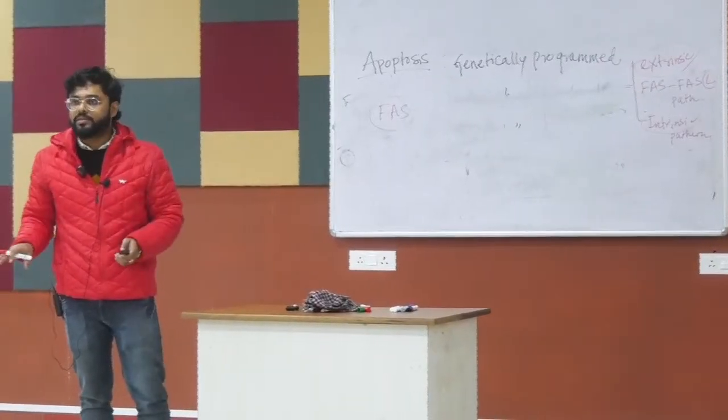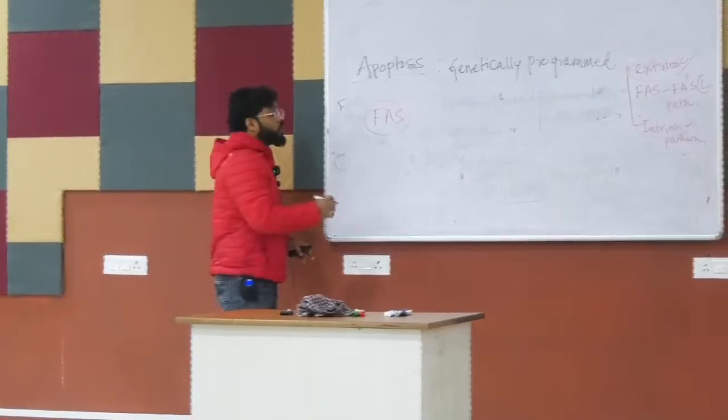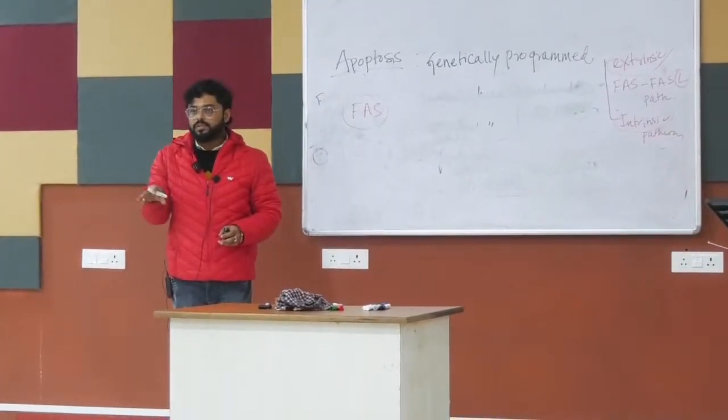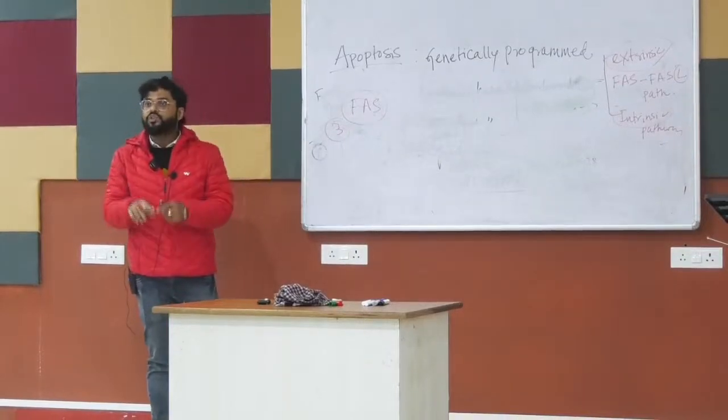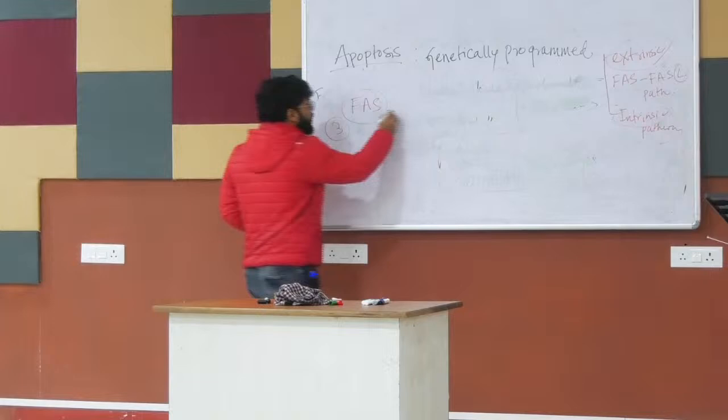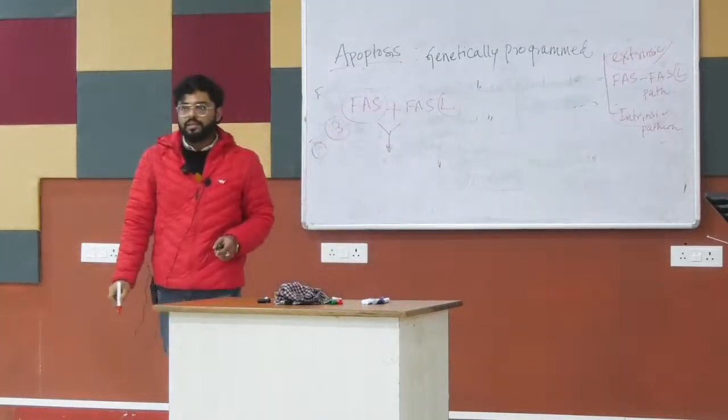These are basically monomers. They cross-link with each other. Three Fas proteins cross-link with each other and they bind with the Fas ligand.